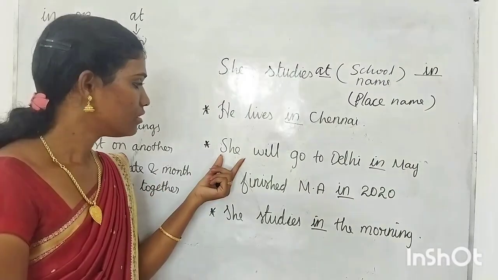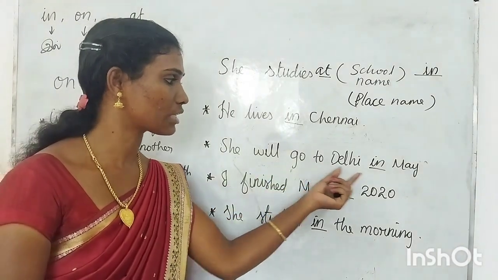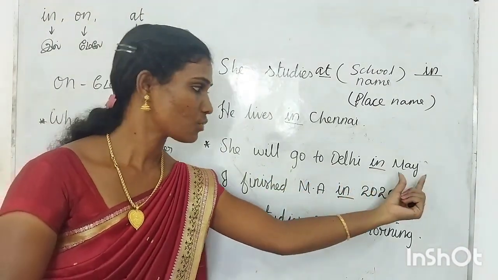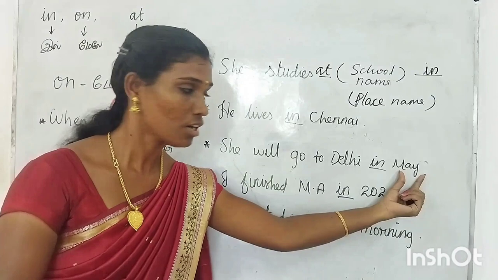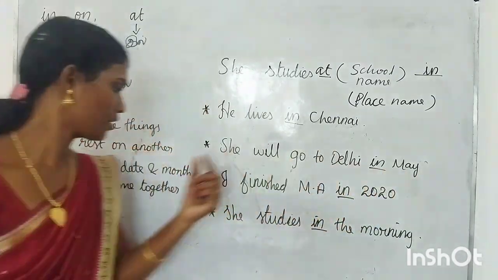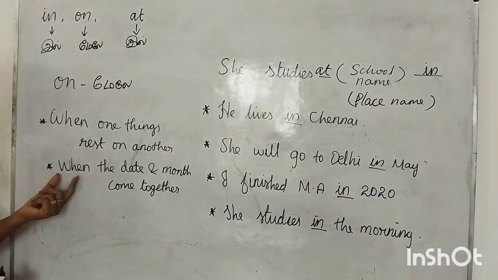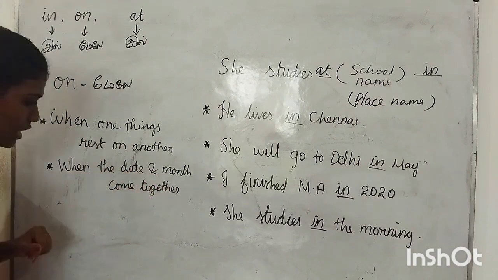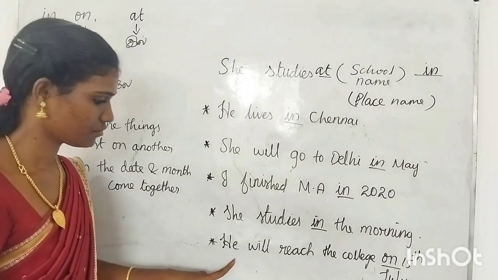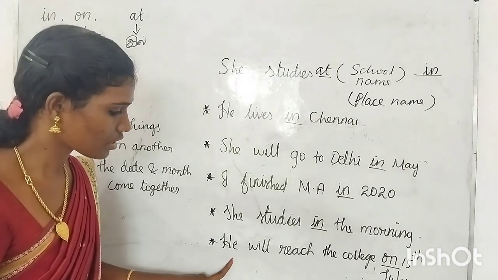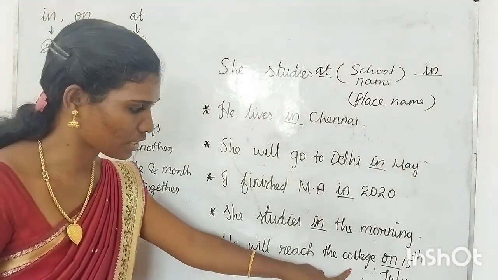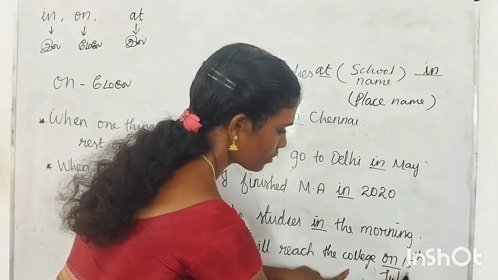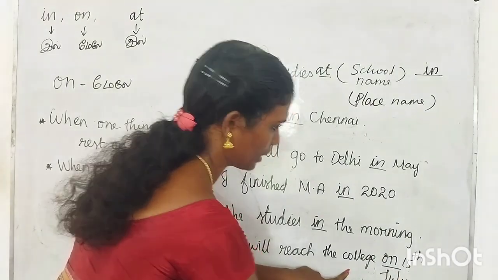See here, she will go to Delhi in May. Only the month is mentioned here, so the preposition is in. But when the date and month come together, for example, he will reach the college on 15th July.